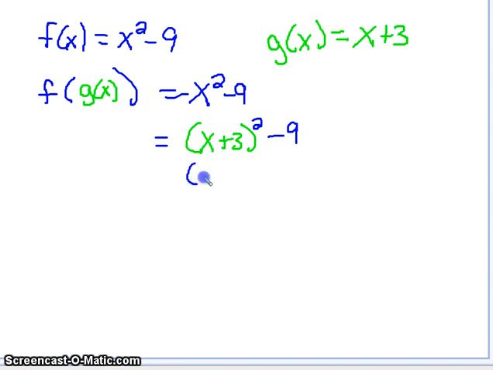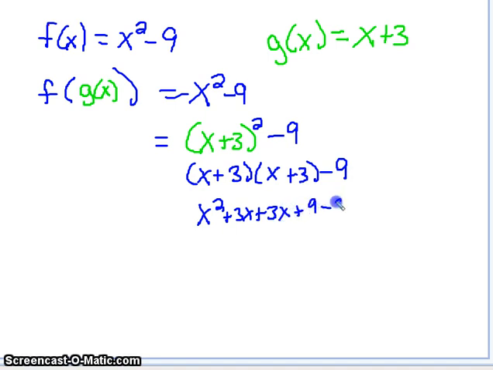We've talked about this over and over. Some of you may have just said, oh, x squared plus 9 and then minus 9 is going to be the inverse. But here we have to make sure that we have (x plus 3) times (x plus 3) minus 9, which is x squared plus 3x plus 3x plus 9 minus 9. So it will not be equal to just x. It will be x squared plus 6x.